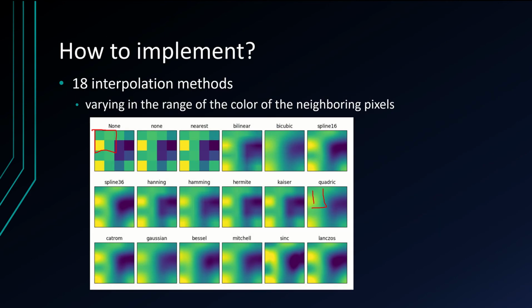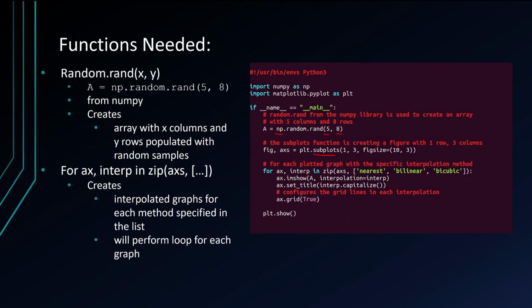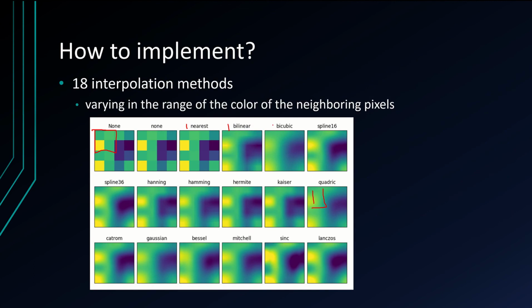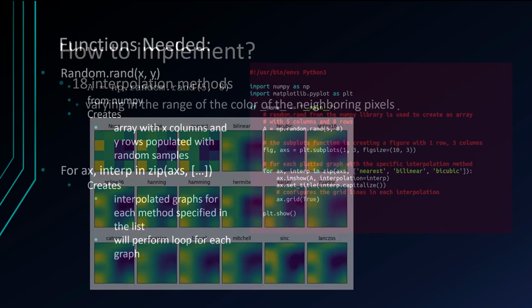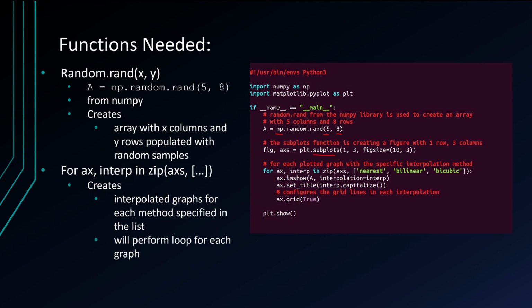And if we go back, we can say that nearest should look like this, bilinear should look like this, and last we had bicubic, which should look like this. And this for loop will perform for each loop, which is a different graph for each one.